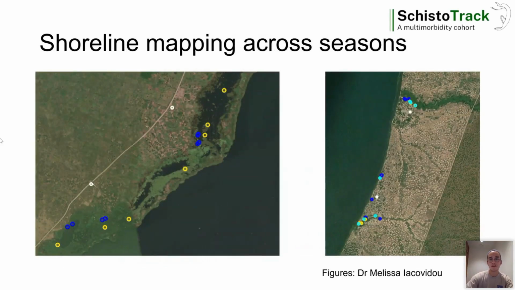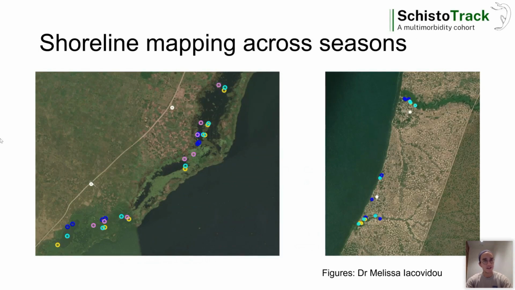These maps are used to understand how the shoreline can change across years and across seasons, and they're from Dr. Melissa Yakovidu's research. The dots show water sites across the years from January 22, January 23, September 23, and January 24, where the GPS coordinates were recorded by malacologists working in the study.